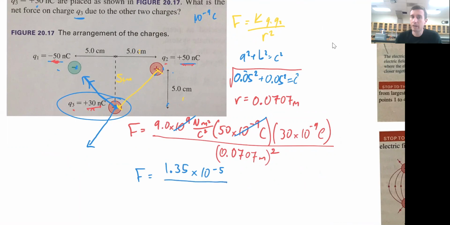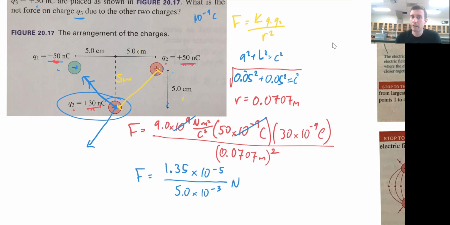Okay, over 0.0707 squared. It's 5, basically, 5.0 times 10 to the negative 3. 1, 2, 3. Yeah, okay. And that'll be in newtons.